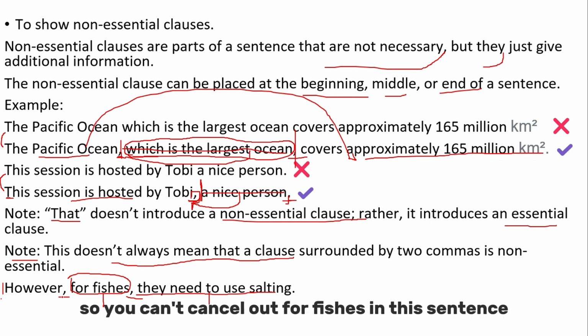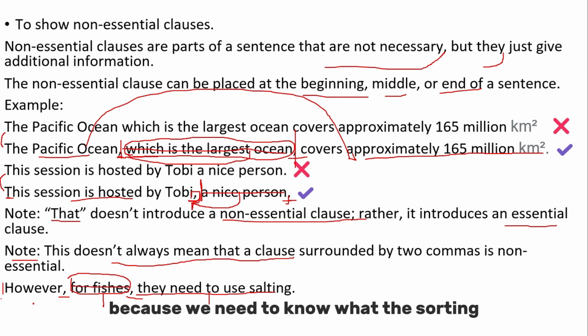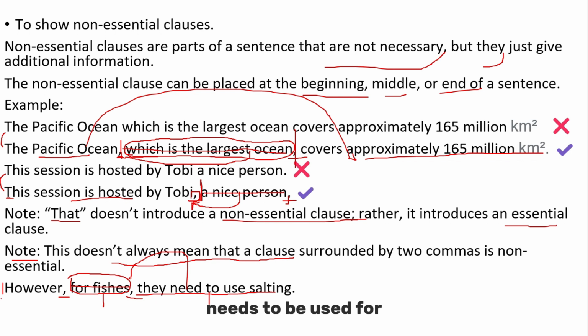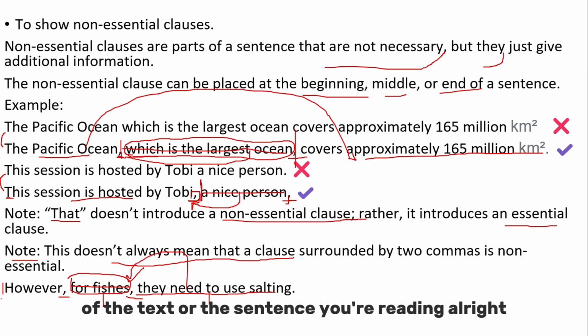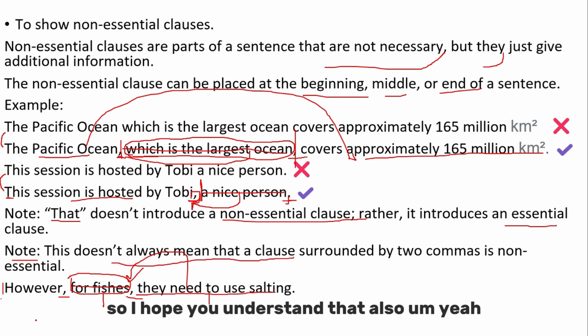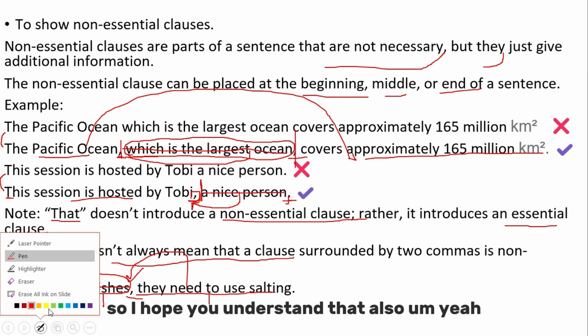You can't cancel out for fishes in this sentence because we need to know what the sorting needs to be used for. So you just need to understand the context of the text or the sentence you're reading. Alright, so I hope you understand that also.